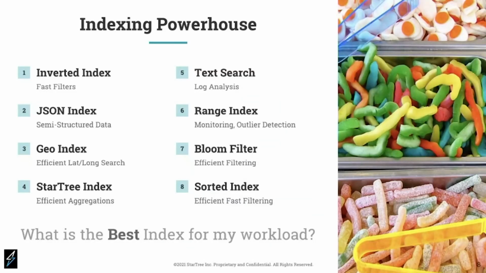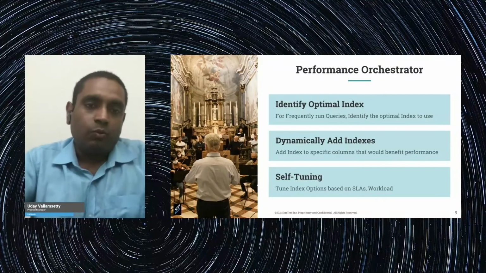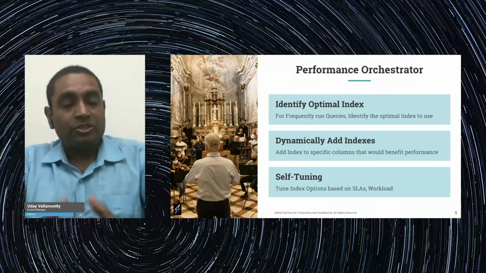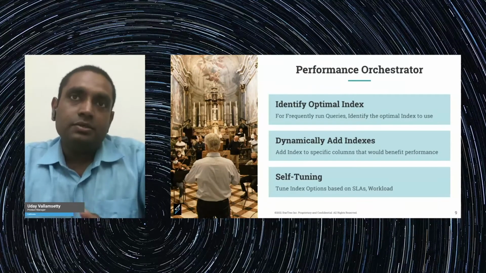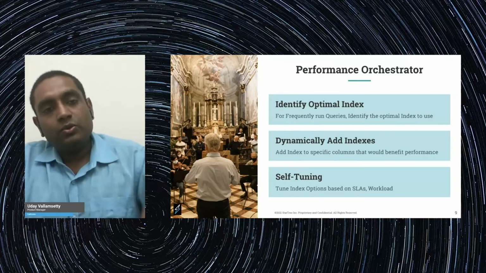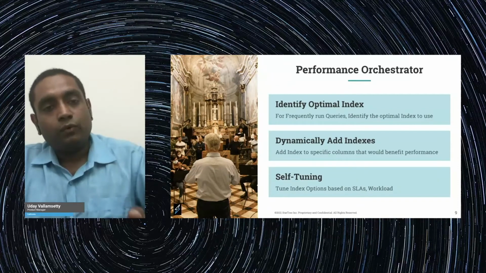Given all of these index options available, what we are trying to do is simplify the process that a user needs to go through to pick the index. So what we are building is a performance orchestrator, a performance self-tuner. Essentially, when we bring in the data using dataset manager, we do not force any indexes.